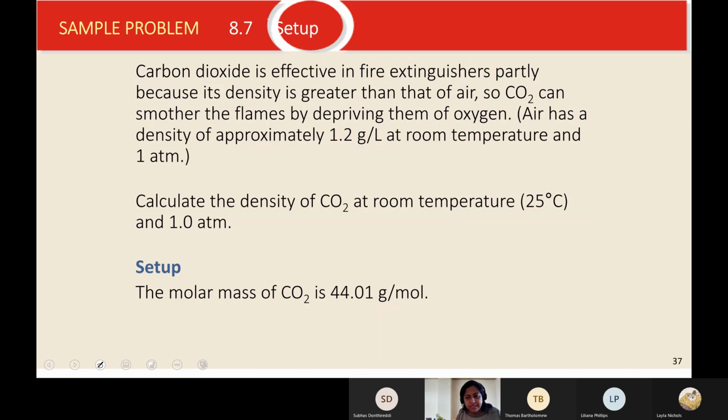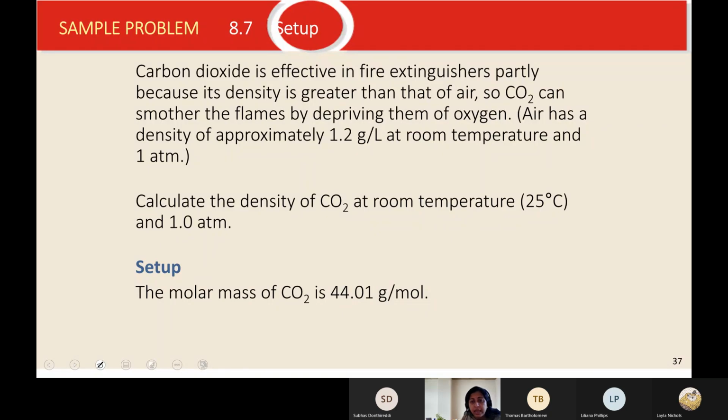Look at this example. Carbon dioxide is effective in fire extinguishers partly because its density is greater than that of air. So carbon dioxide can smother the flames by depriving them of oxygen.